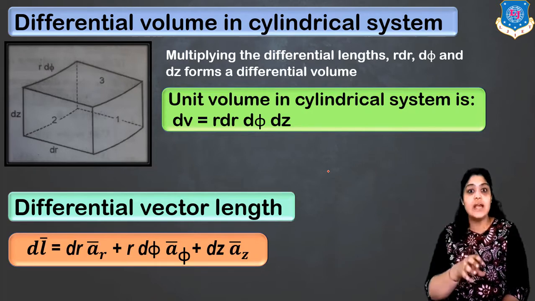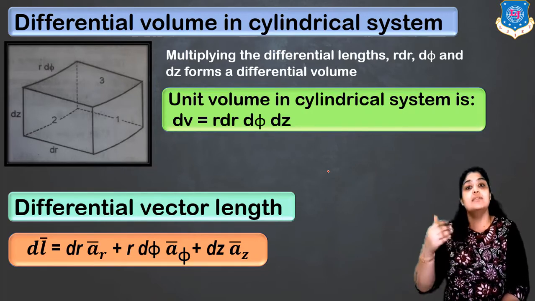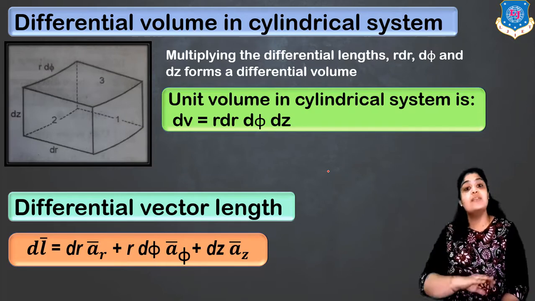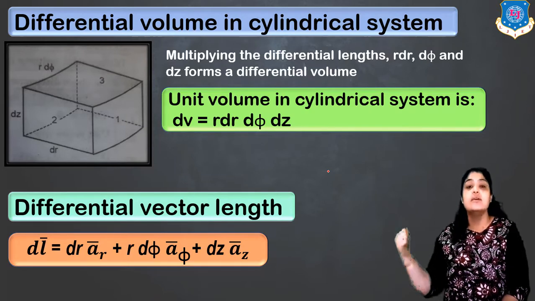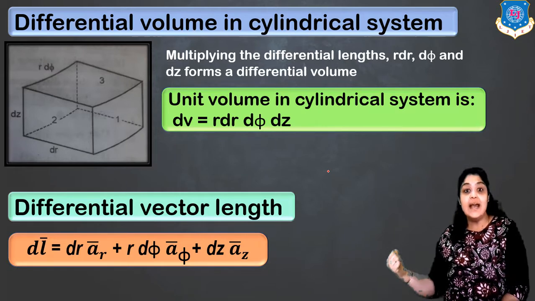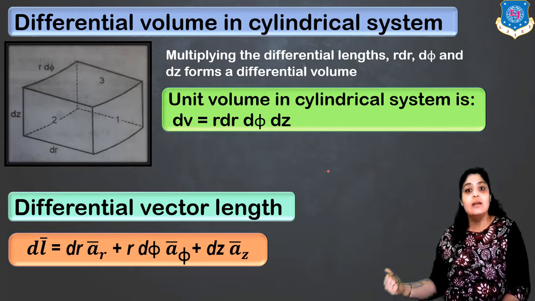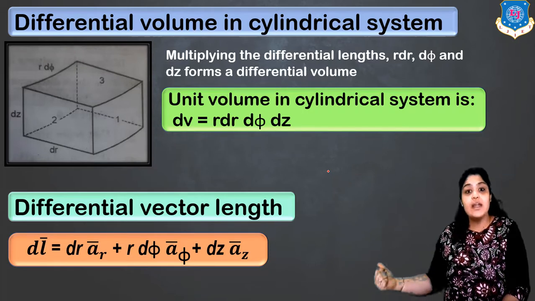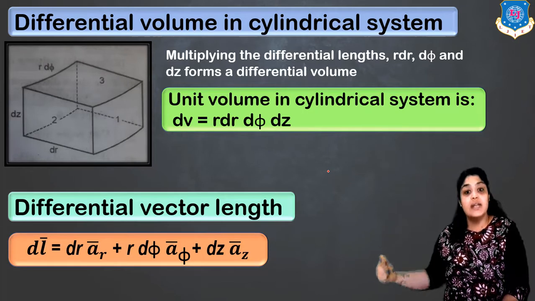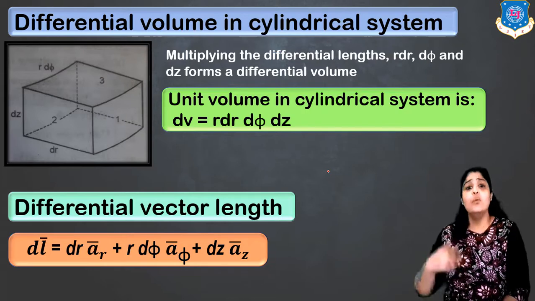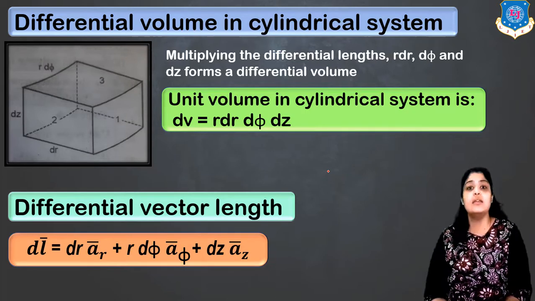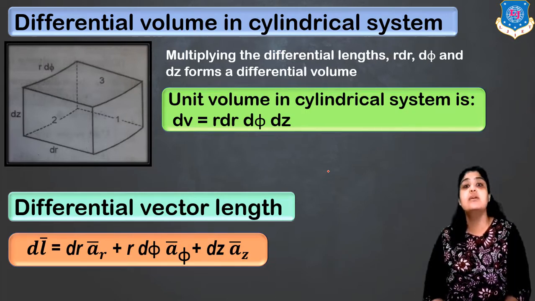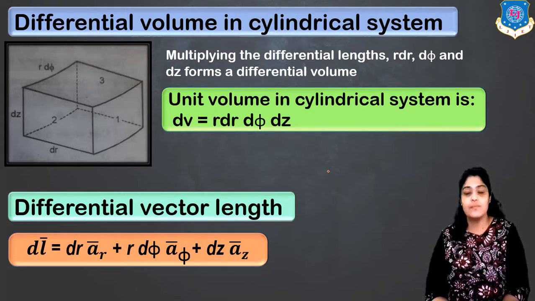Suppose I consider a point P and a point P dash wherein I have changed all the three coordinates. The differential length, which we denoted as dl, is equal to dr into ar plus r d phi into a phi plus dz into az, where ar, a phi and az are the unit vectors normal to the respective surfaces.